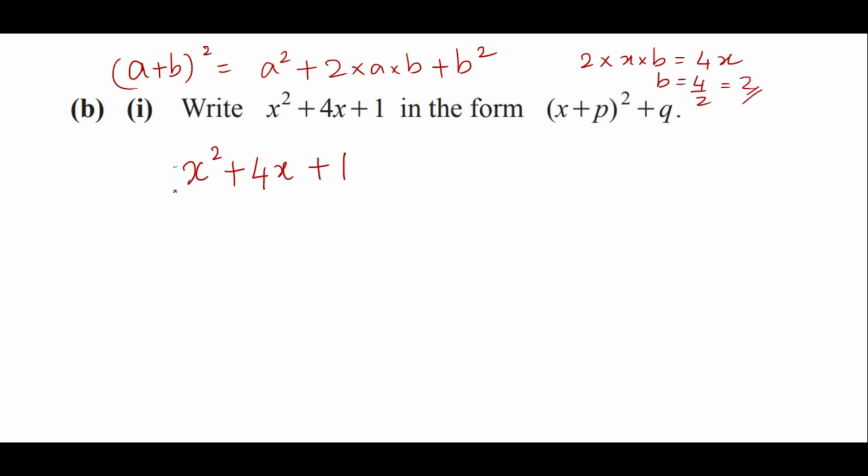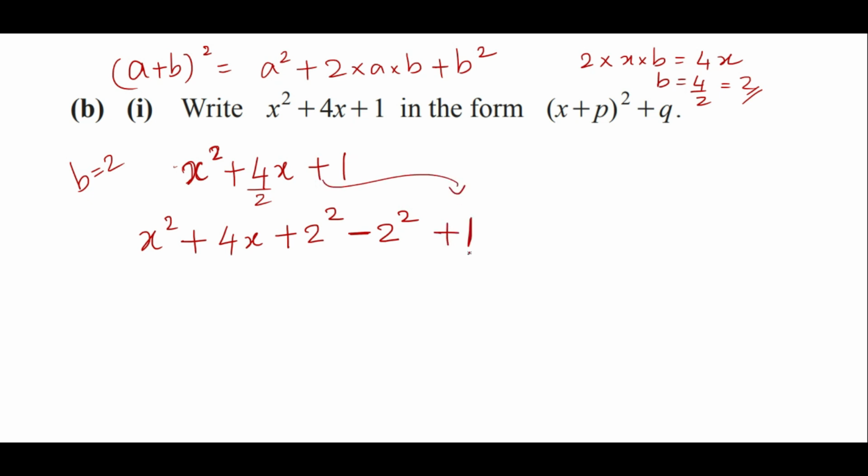Or if you can see the coefficient of x squared, the first term is 1, you can straight away divide this term by 2, giving you the value for b as 2. So x squared plus 4x plus b square, so my b is 2, so plus b square is going to be 2 square, and at the same time, since you're adding a term, you have to subtract the same, and then you have the plus 1 that just follows.